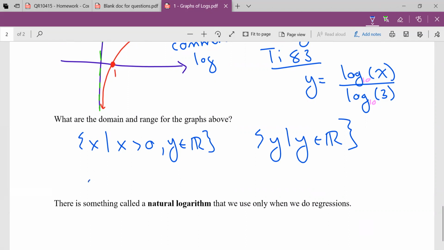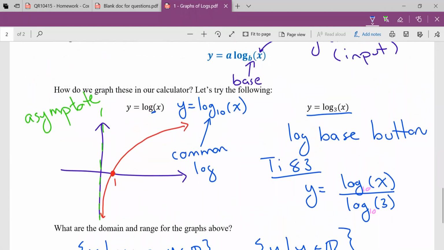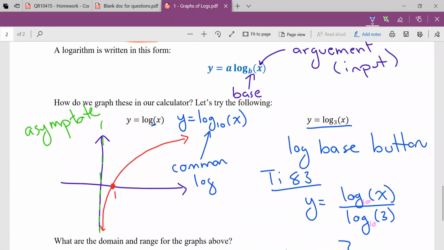I also really want you to know that the original x-intercept is at (1, 0). That's important to know. The a value out front, which I haven't graphed here, will affect the shape of the graph, but it's really easy. Again, it'll change how fast something is growing or decreasing. But I'll let you explore that in the lesson.